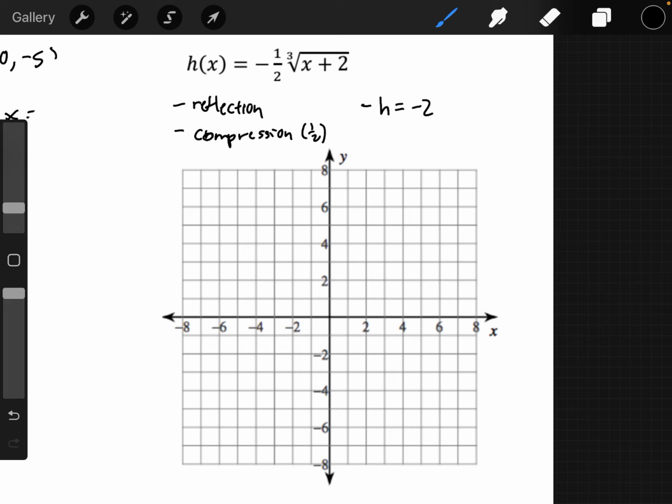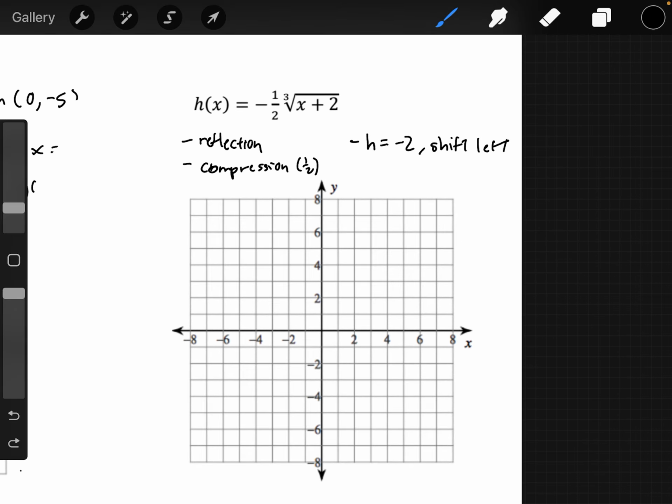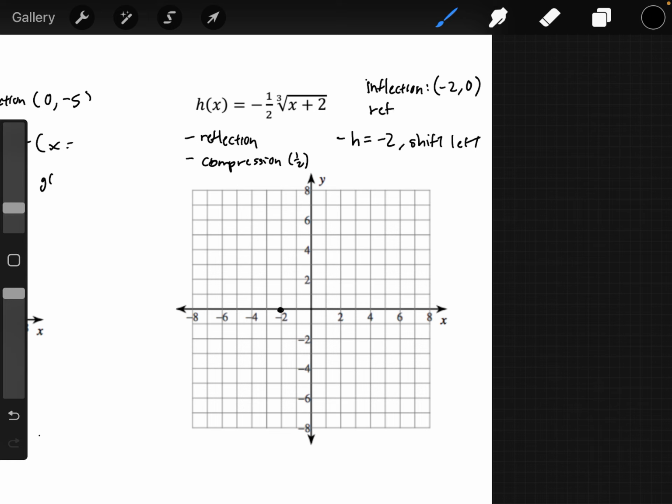We see that h is equal to -2, so we shift to the left. And there's no k value, so it'll default to 0. So our inflection point is at -2, 0. It's here. So we'll pull reference points.